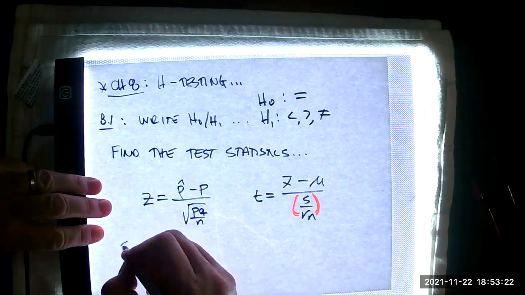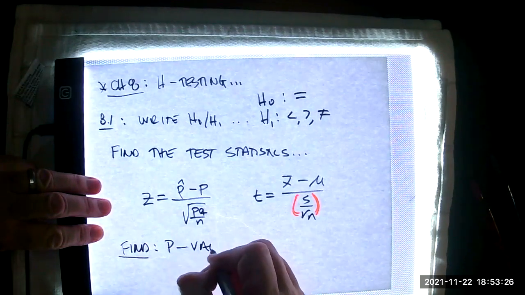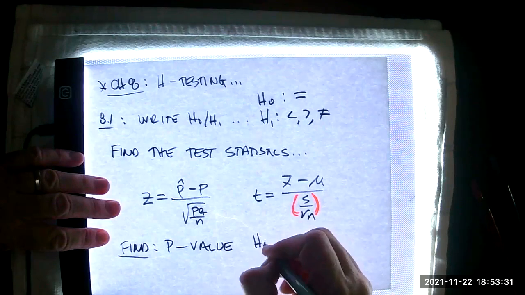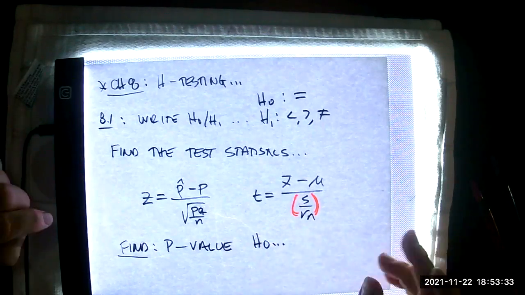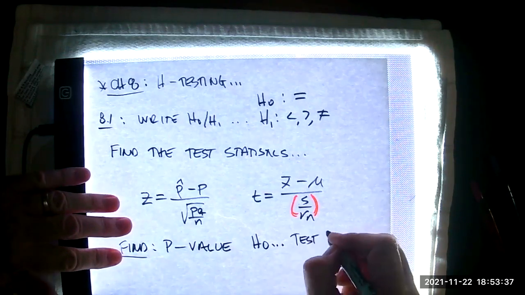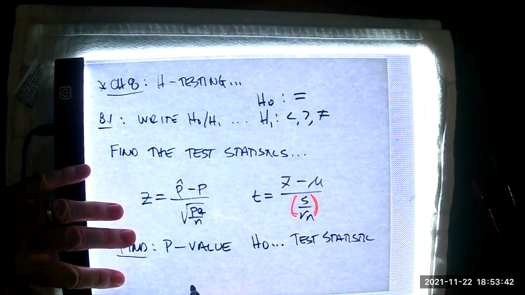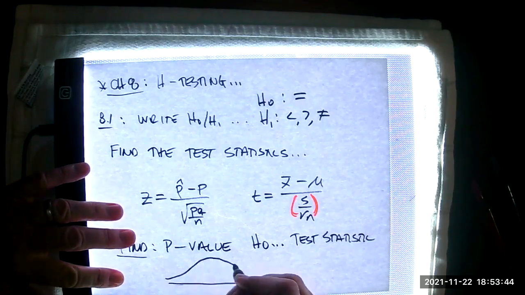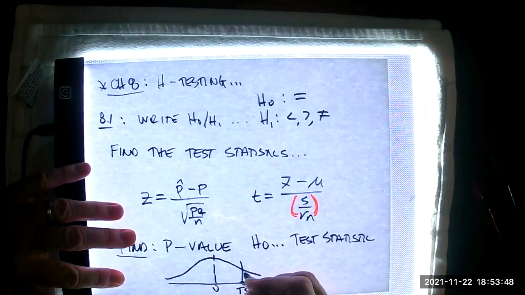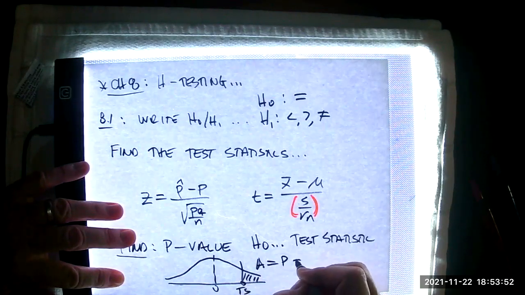I can also ask you to find the p-value. And to find the p-value, you need the null hypothesis and the test statistic. That was where we had to plot the test statistic on the distribution and calculate that area. That area is equal to the p-value.